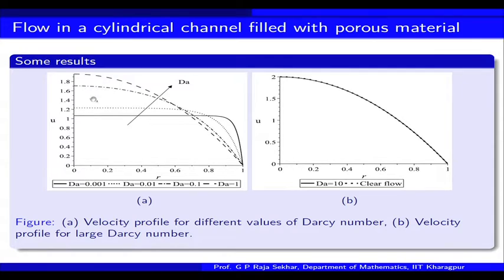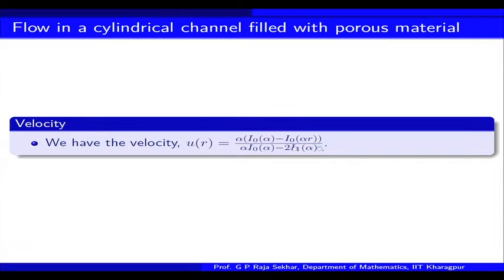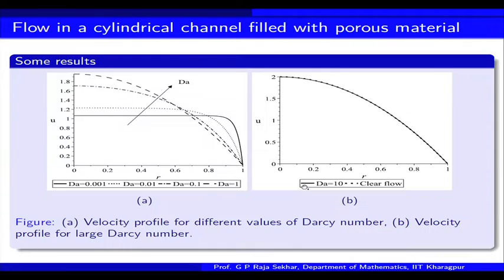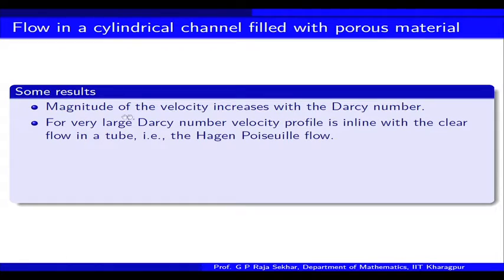This is the comparison with varying Darcy number, and with large Darcy number you have a complete agreement with the Hagen-Poiseuille flow. This is the Hagen-Poiseuille flow, the real flow solution. For the corresponding analytical solution, you should take the limiting case and then check it. Again, the magnitude of velocity increases with the Darcy number, and the solution agrees with the Hagen-Poiseuille flow in case of a large Darcy number.